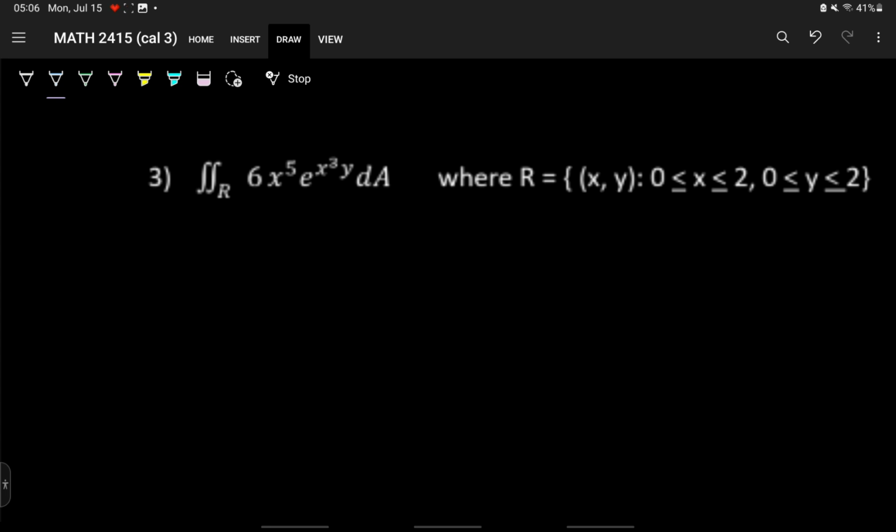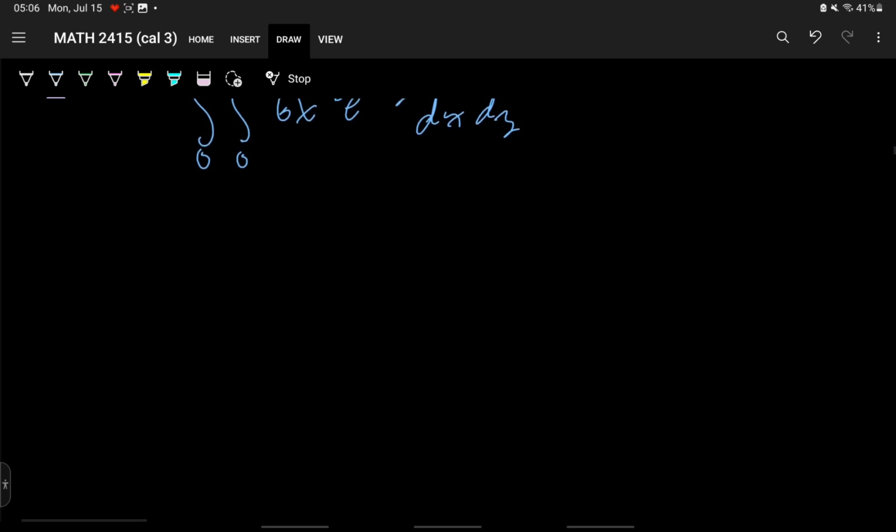To get to what I'm thinking right now, I'm thinking a little bit ahead. Let's go ahead and just start with writing out the double integral. So we need to integrate with respect to x.